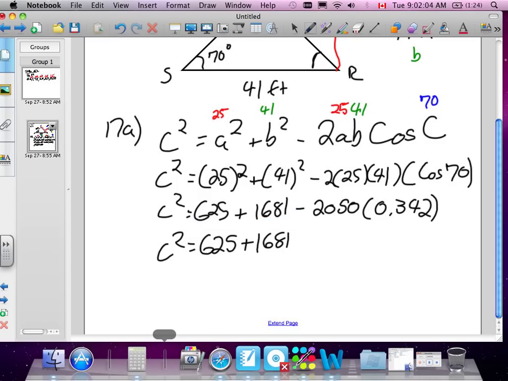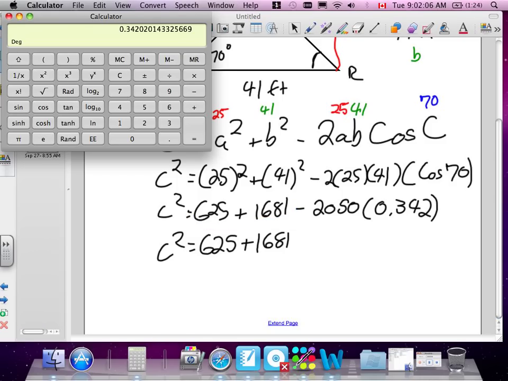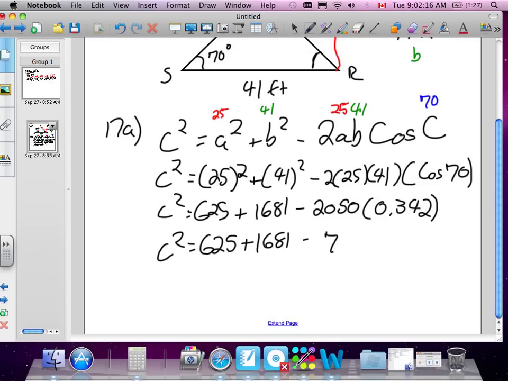And we take this times 2050 negative. We get negative 701.41. So now that I've multiplied this, I can now add these numbers together and then subtract this value. Make sure you multiply this first though. Don't just take the 2050 and subtract it from those two numbers.